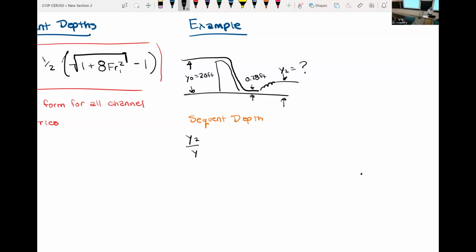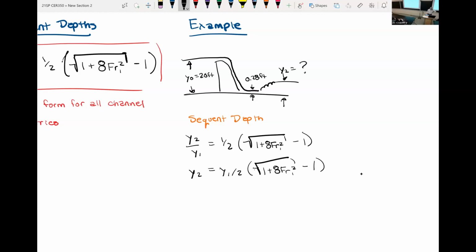We've got Y2 over Y1 equals 1/2 times the square root of 1 plus 8 times the Froude number squared, minus 1. Do a little rearranging: Y2 equals Y1 over 2 times the square root of 1 plus 8 times the Froude number squared, minus 1. We need to solve for the Froude number.